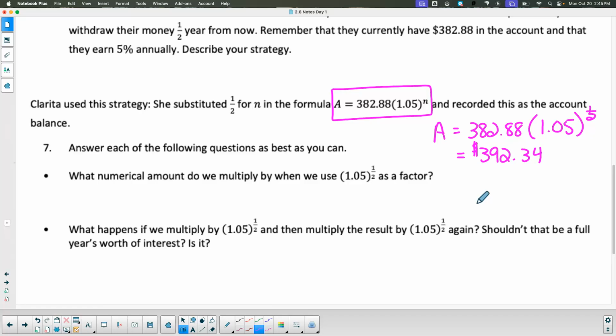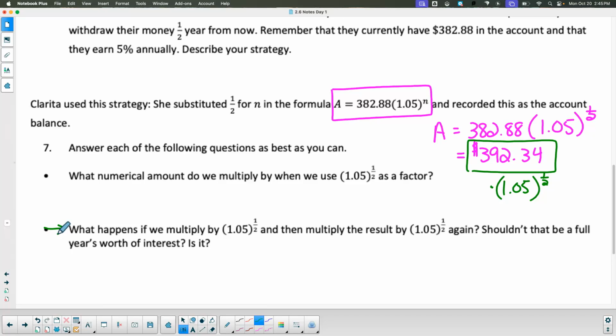So this number here times 1.05 to the 1/2 power again is what this one is asking. What do you get? 402.02, right? Does that make sense? Because that's multiplying it by another half of your interest, right?